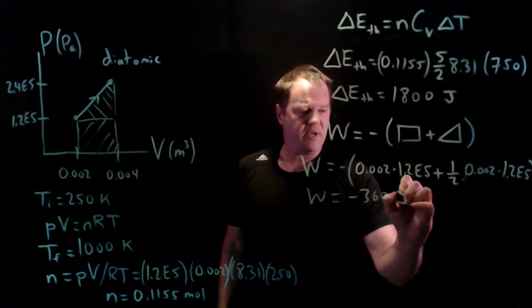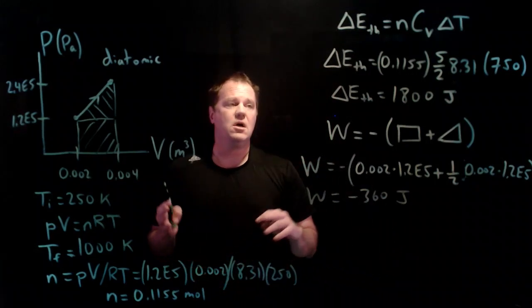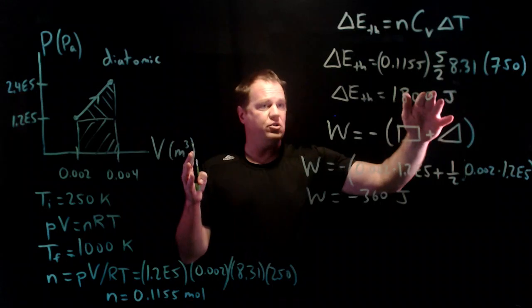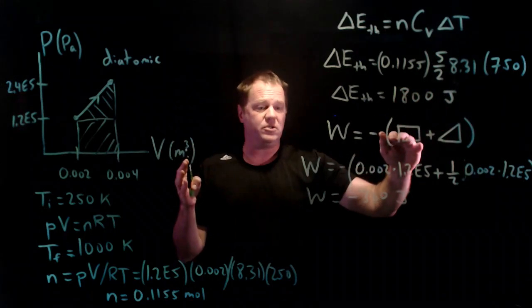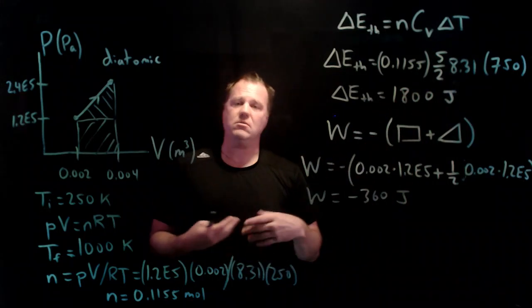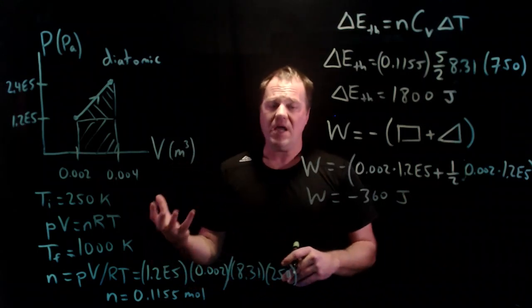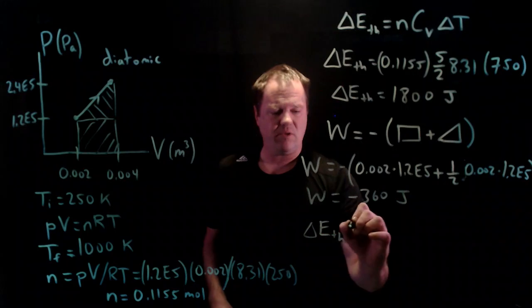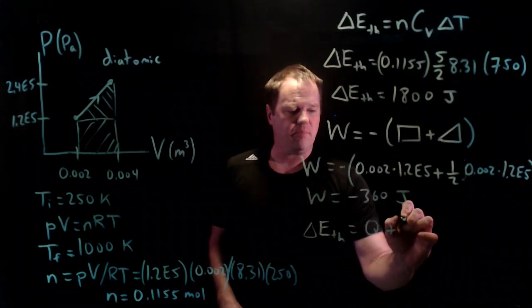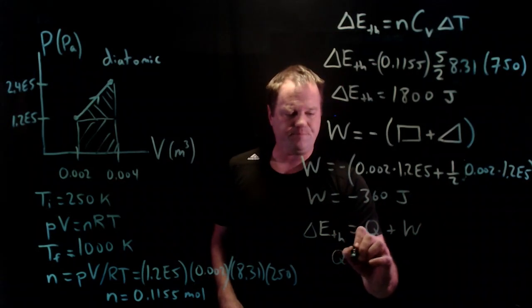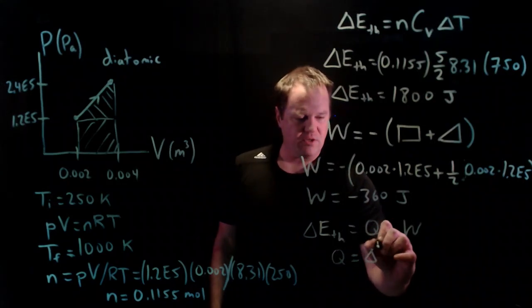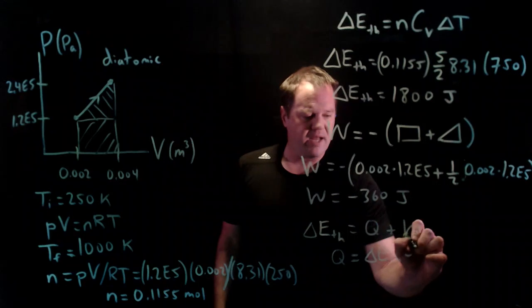Okay, so what happened here is that this gas gained 1,800 joules in total, a net 1,800 joules. It lost 360, so where did that energy come from? Well, it had to come from heat input. So we can think about this in terms of the first law. The change in thermal energy can be attributed to heat plus work, and then heat would be change in thermal energy minus work.